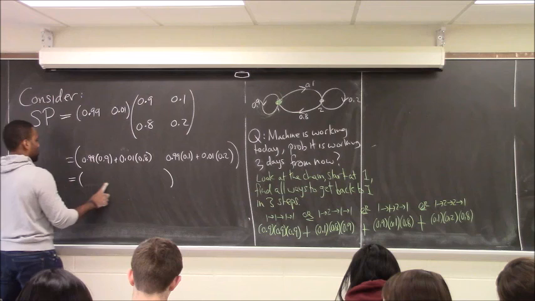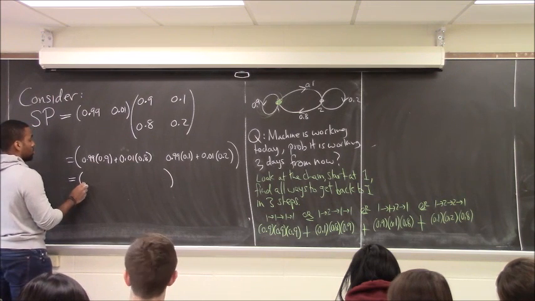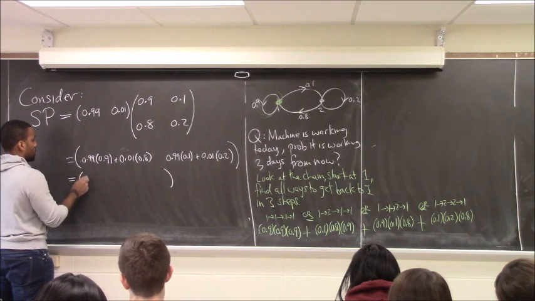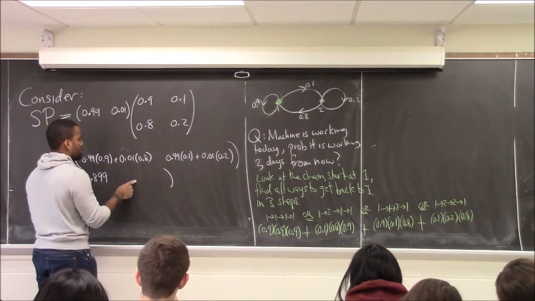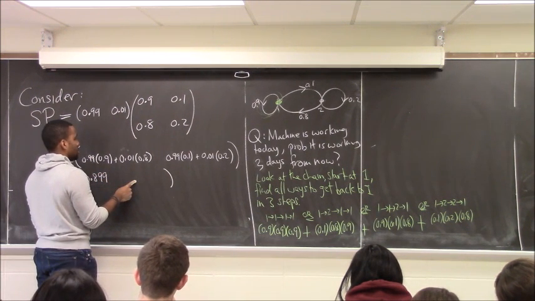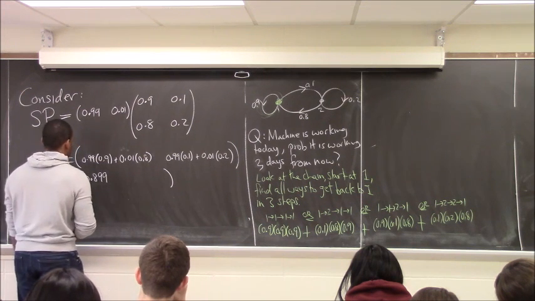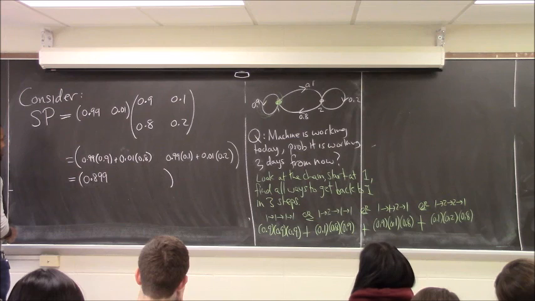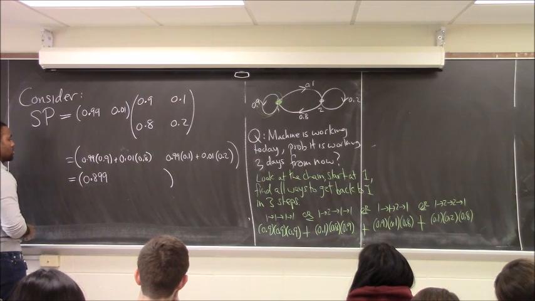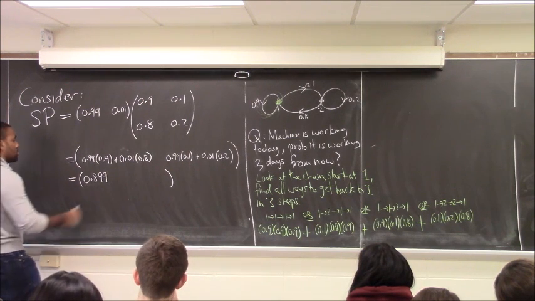What do you get here? 0.899. Yeah. What do you get over here? Oh, I just did them all, so 0.99. It's going to be annoying doing 3. Should have stuck with 2. Oh, the first one would be 0.891.